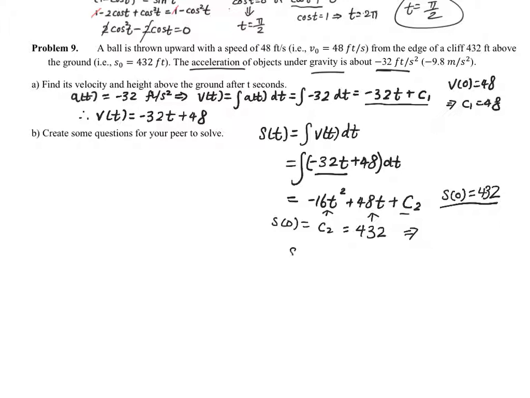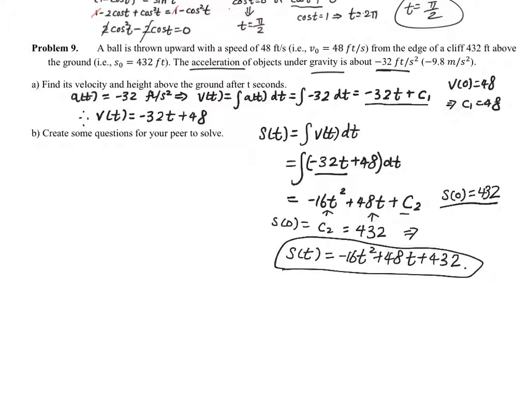Therefore, we now know S of t is equal to negative 16t squared plus 48t plus 432. So that's how we find the position function and velocity function.